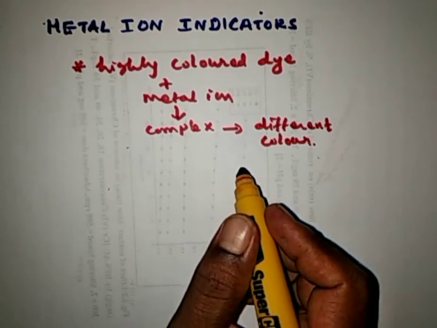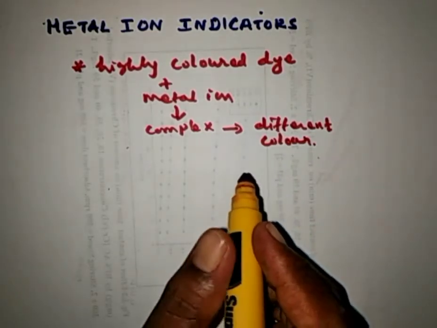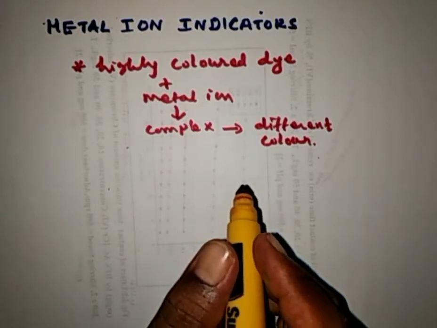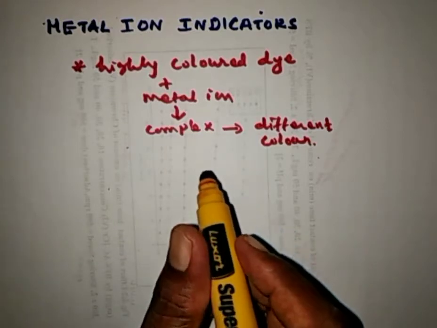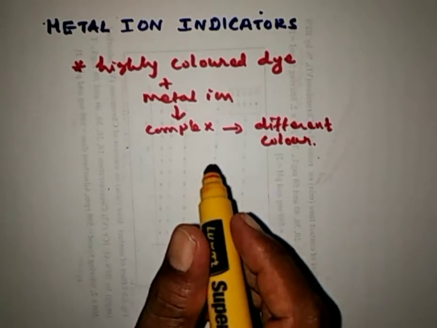So from this we can find the endpoint. At the endpoint, the metal ion indicator complex is converted into the metal complexing agent complex, which is the more stable one.